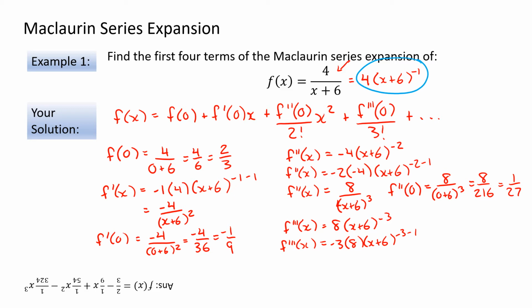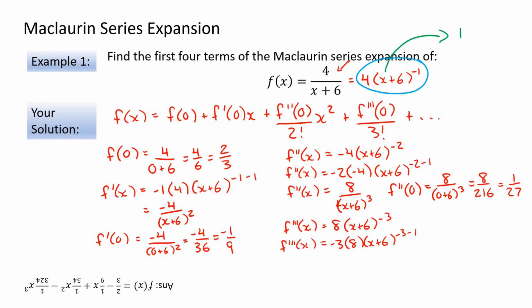One thing I didn't mention here, which I will mention now, is that inside the brackets, you would normally have to take that derivative, right? So the derivative of x plus 6 is simply 1, because the derivative of x is 1 and the derivative of 6 is a constant. I didn't show that in the previous ones, but in case you're wondering, that is why.